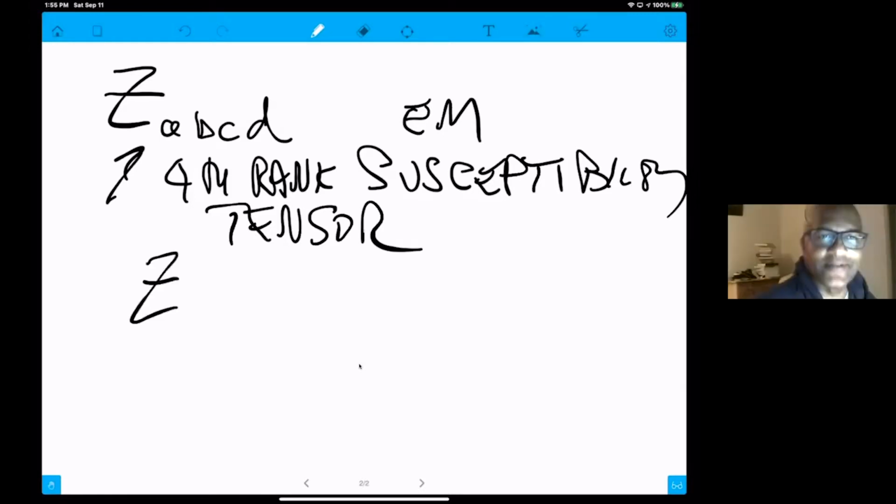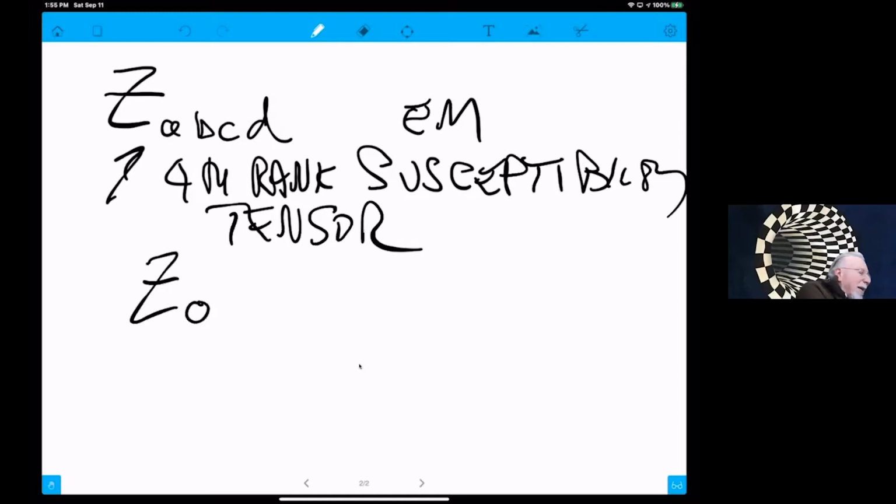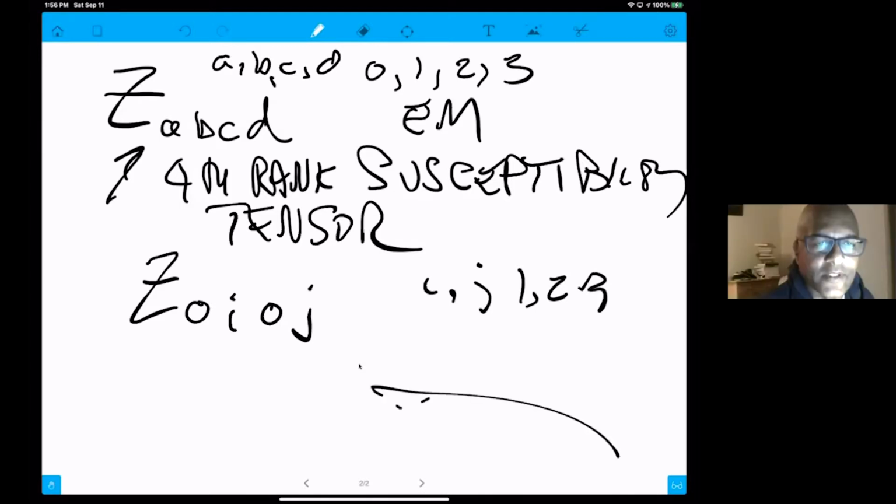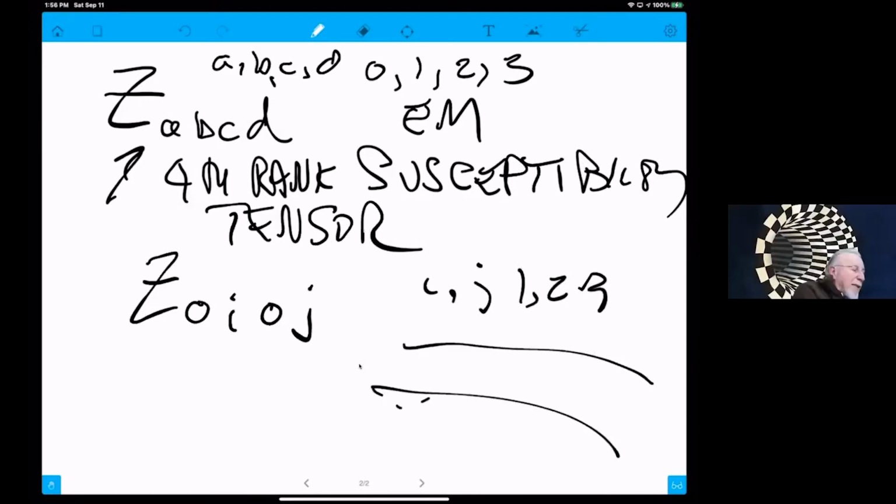Z0, I think I0J. Okay, A, B, C, D, those go 0, 1, 2, 3, 4. The I and J are just space-like. In other words, these are space-like, and there is time.